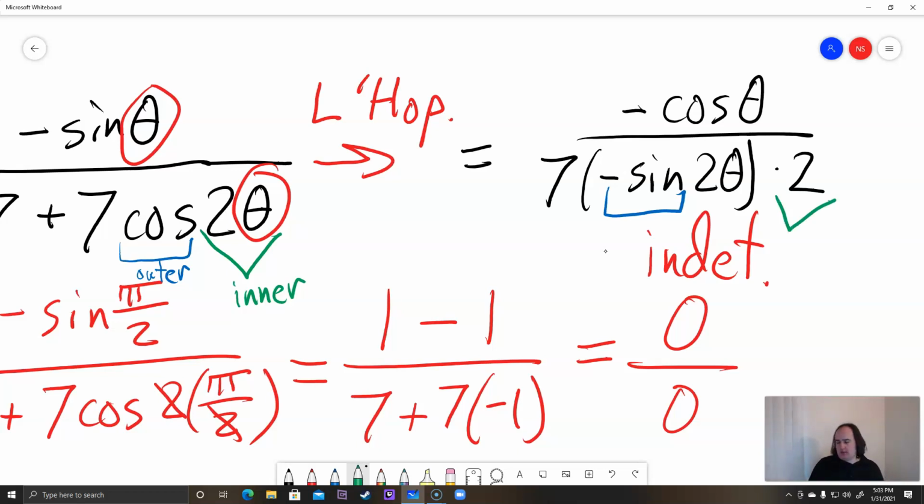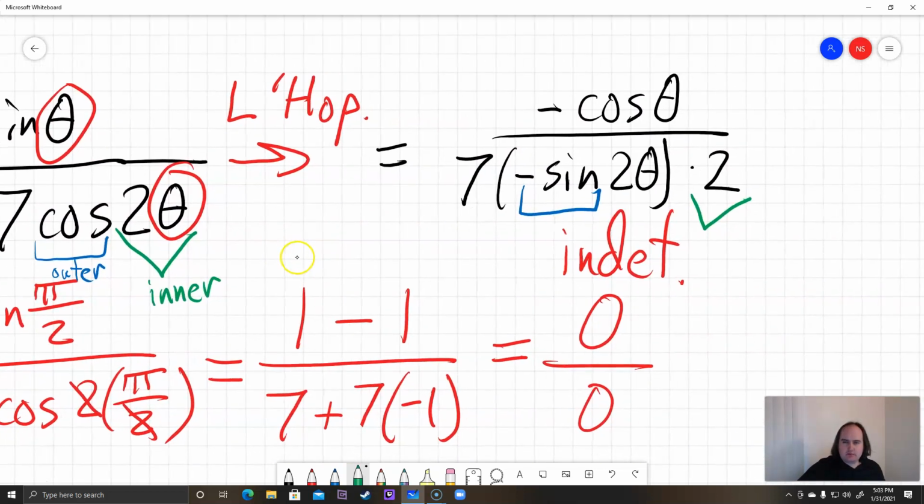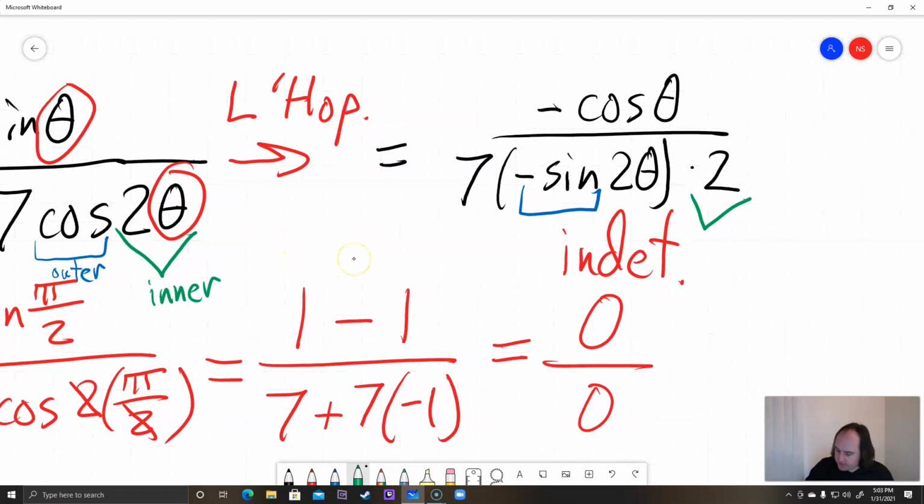And then, of course, this is still a limit. We're still finding the limit as theta approaches pi over 2 of this whole thing. So let me give myself some room and write that in. Okay, so limit as theta approaches pi over 2.